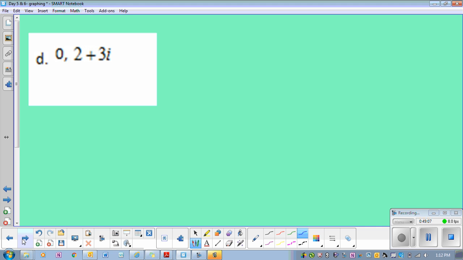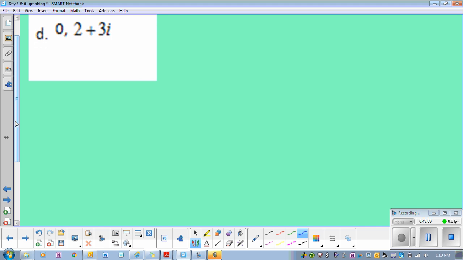All right, so let's look at the letter D. It gets very important to be neat when you have things like 2 plus 3i. It's going to get a little crazy. We have x equals 0, and this is a complex number.